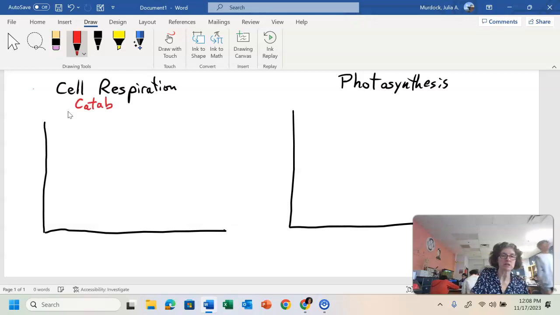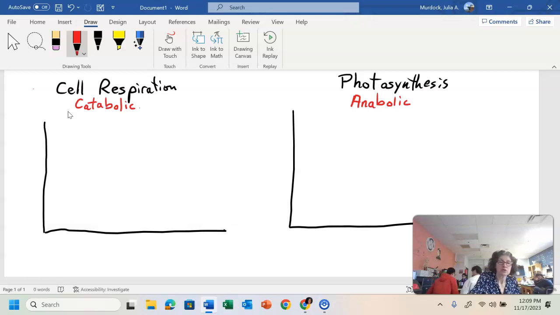Catabolic reactions, you remembered correctly, are when you have a larger molecule and you're breaking it up into smaller molecules with the release of energy. Photosynthesis is the opposite of that. Photosynthesis is going to be anabolic, because an anabolic reaction takes lots of smaller molecules and builds them into a larger one.